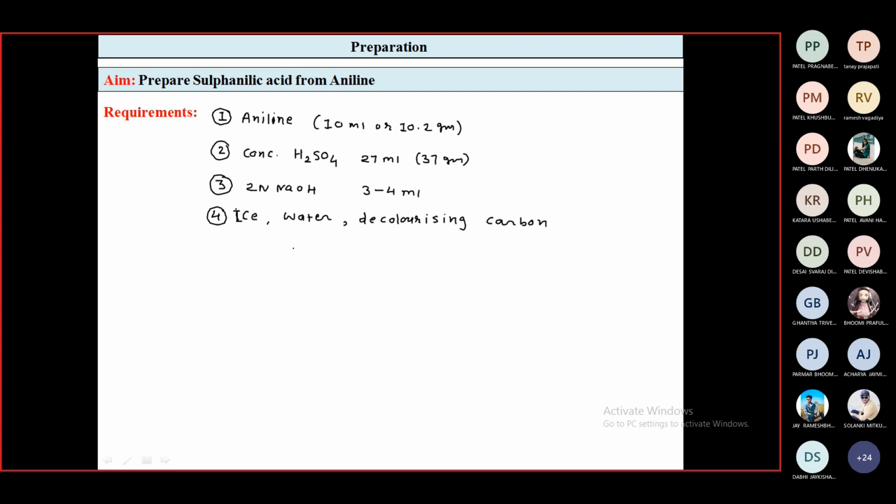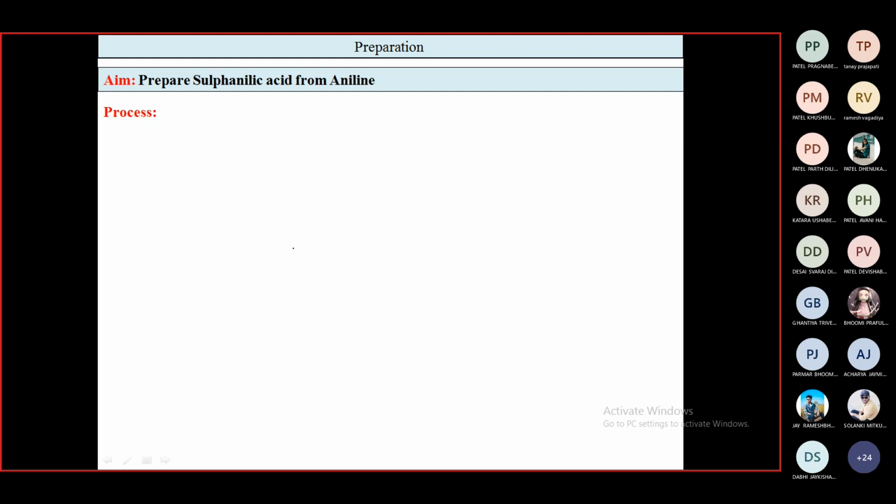Start the procedure: take 10 ml pure aniline in a 100 ml flask.